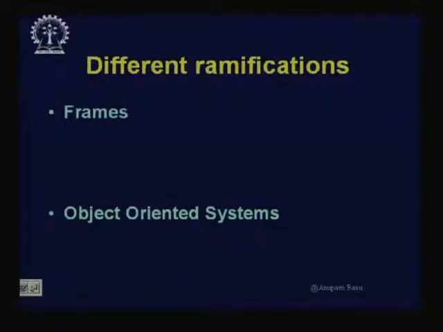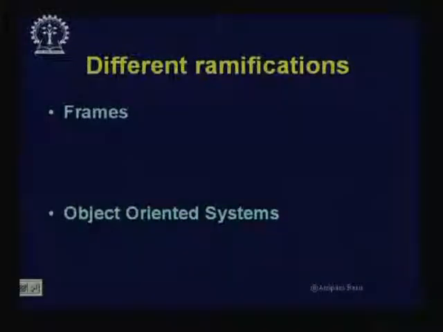Multiple inheritance has always been a problem, and it is a very practical problem, and there have been practical solutions to this. Now, semantic nets that we have discussed are a very important basic tool, and later on we will continue a little bit more on semantic nets in the next lecture.